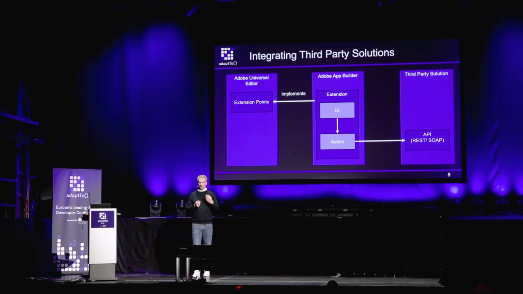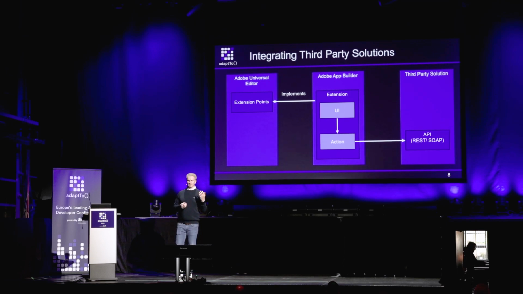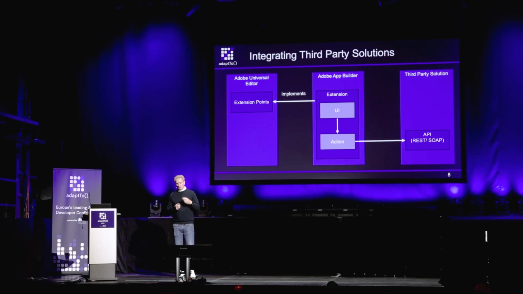The actions can be secured using tokens. That's the standard. In this case, you can use your standard Adobe token, for example, that you get from your Universal Editor, and call the actions themselves, which then can again make a secure call against the REST APIs in the third-party solution, for example, a DAM solution.